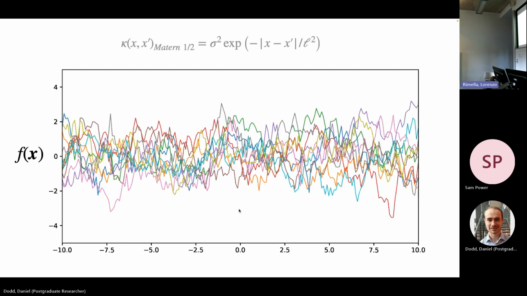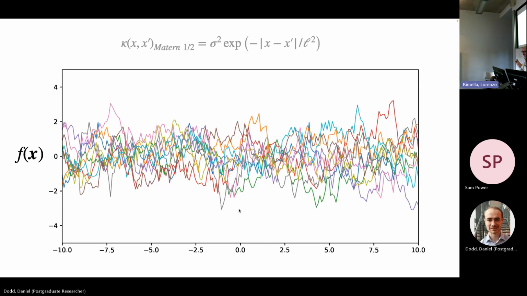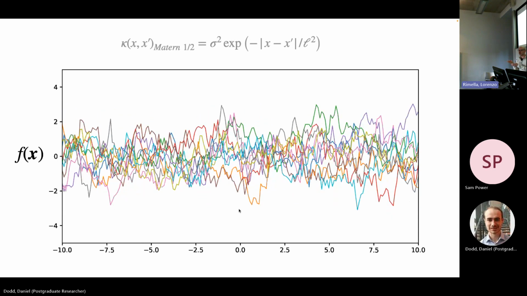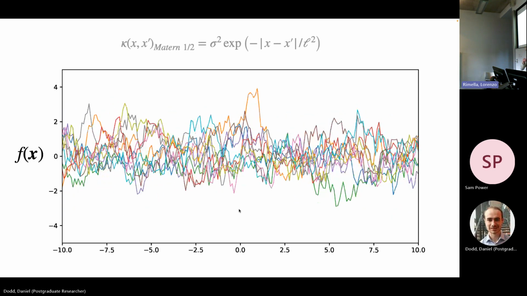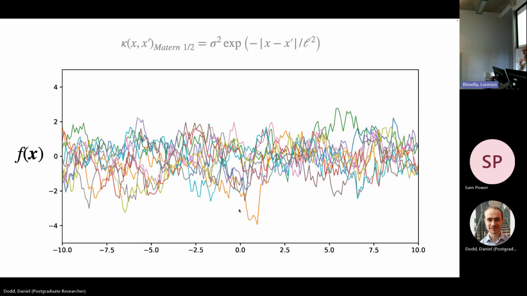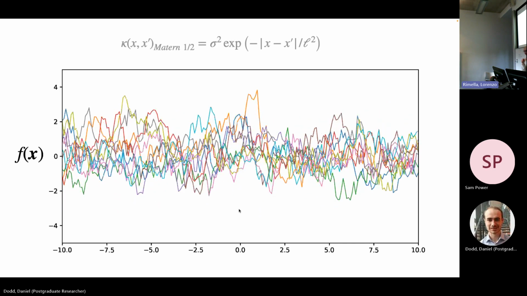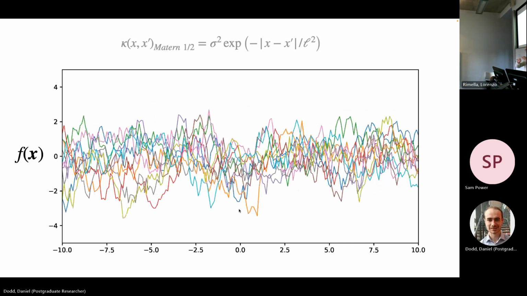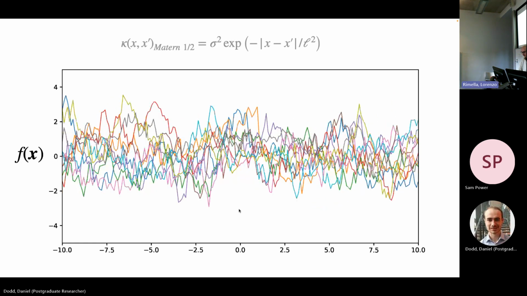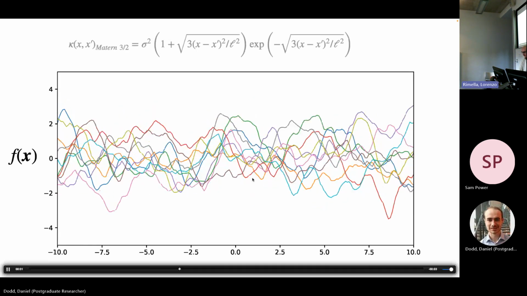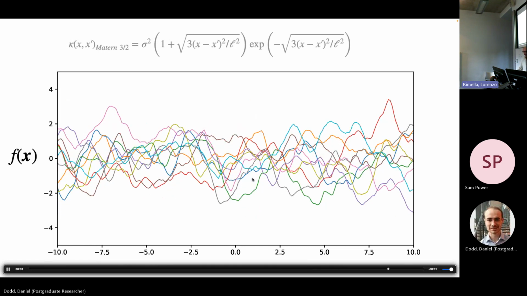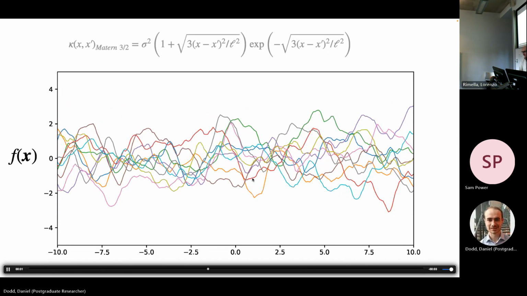This one's more rough, because the correlations between points decay a lot faster. If function values are less correlated over shorter distances, then you get more jagged lines. Whereas if you increase the distance a little bit, the points are correlated, and you get something a bit smoother.